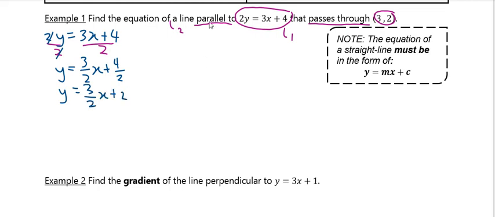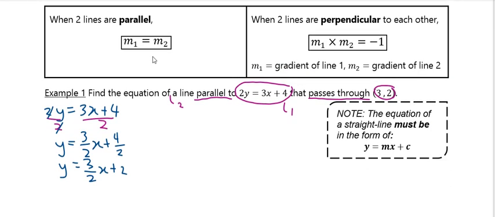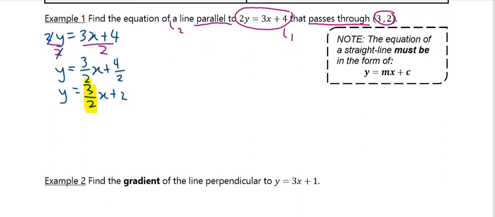Now you know from the previous fact that when two lines are parallel, the gradients are the same, right? So you take the gradient from the first line, which is 3/2. M1, which is the gradient for line number 1, and the gradient for line number 2 must be equal to 3/2.